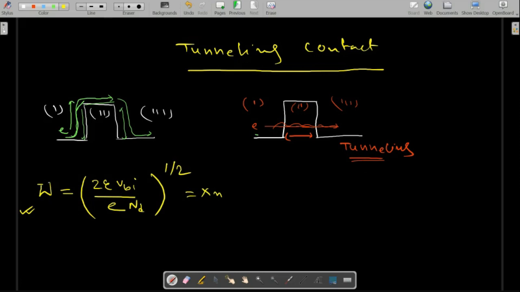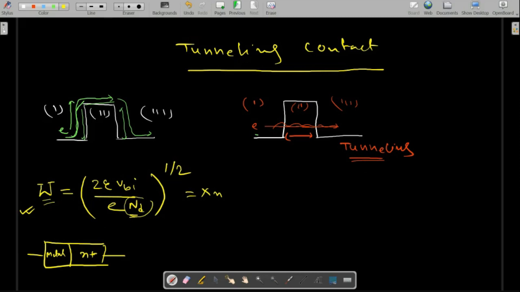Now check, when the value of Nd is very high, when we are using heavy doping, so we have a metal, we have an n-type semiconductor. One side is metal, we have a junction, and another side is heavily doped n-type semiconductor, N plus. So when the doping concentration Nd is high, what about the width of the depletion layer?